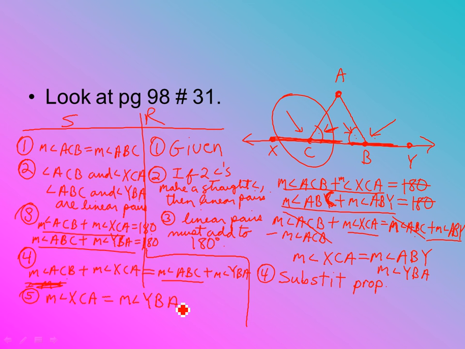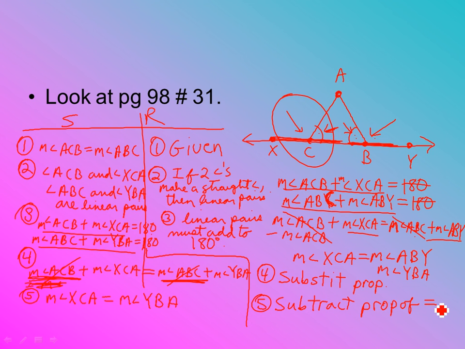And all I did was subtract this from both sides. Well, that and that are equal, so when I subtract them, they just cancel each other out, and I'm left with that. And then I just use subtraction property of equality.